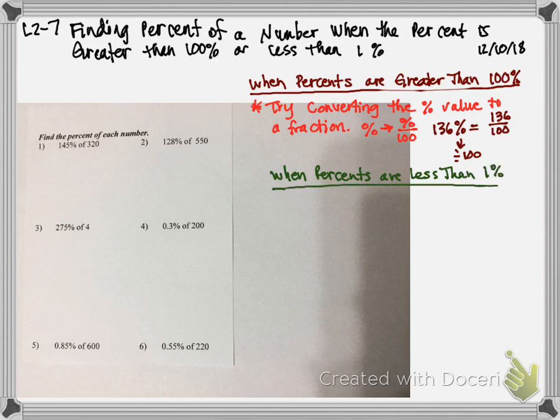So a suggestion I'm going to make is going to be to try converting. Ooh, that doesn't show up real well. I'm going to have to change that color. I'm sorry, my friends. I'm going to go a little bit darker. That's better. Try converting the percent to a decimal.